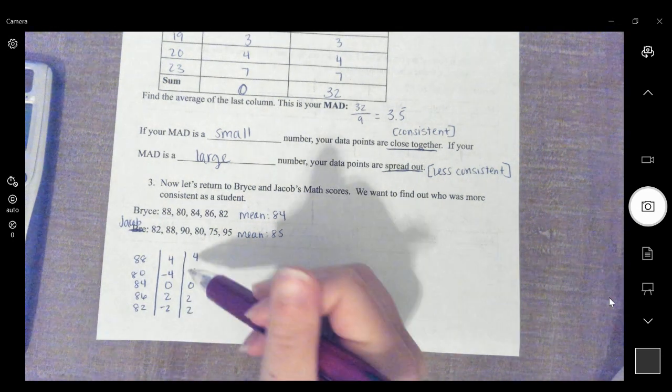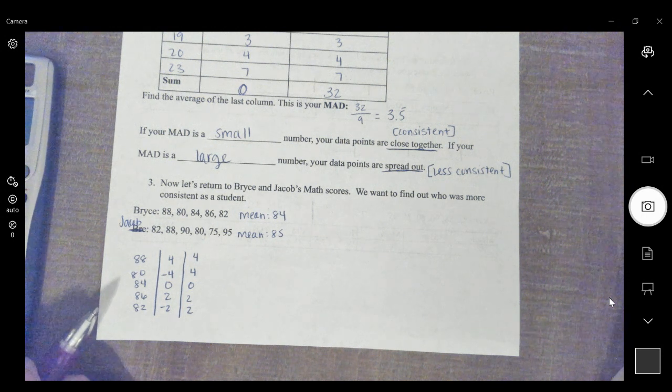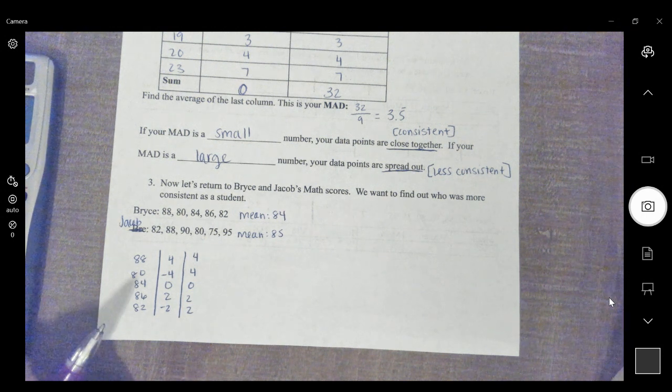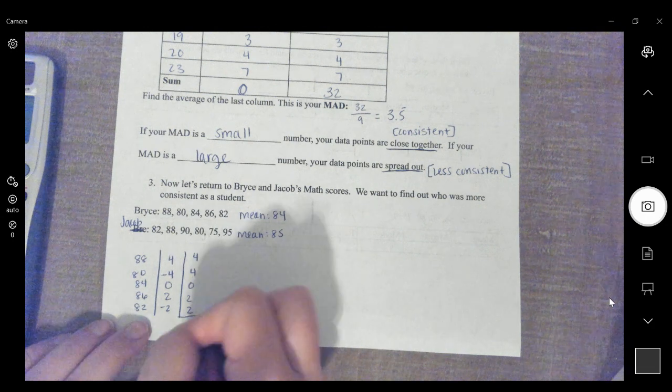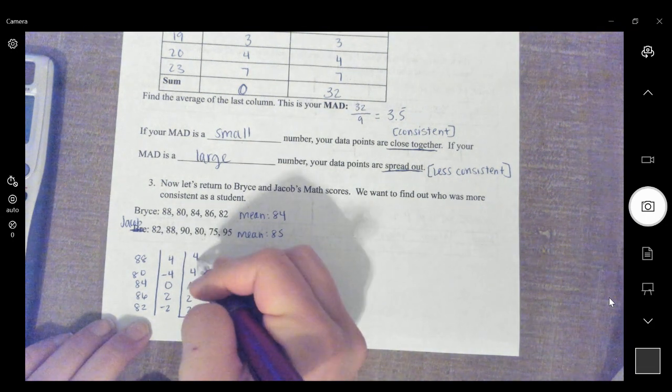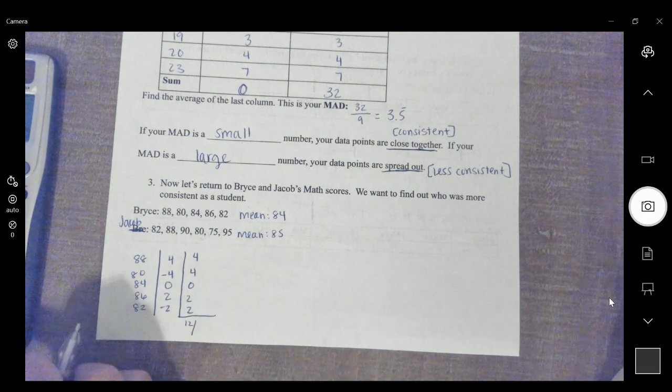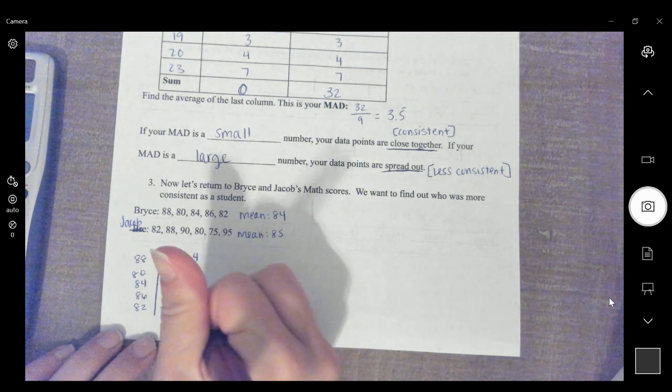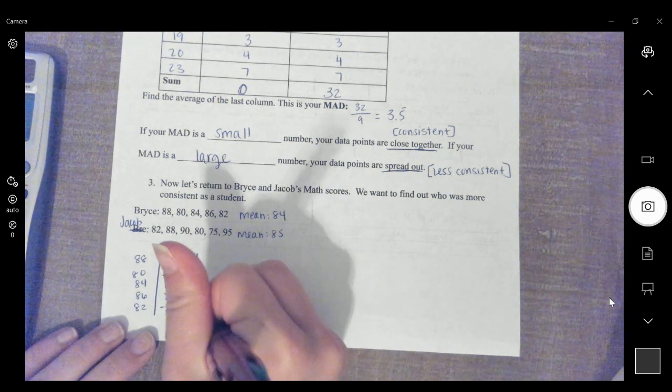Now we just want to average those together. So add them together: 4 plus 4 plus 2 plus 2 plus 0. That gives me 12. I need to divide that by 5, which is 2.4.